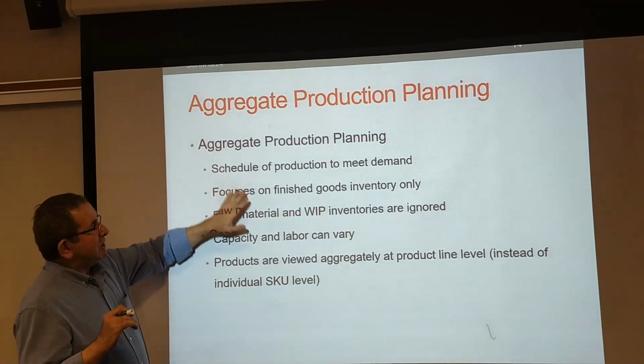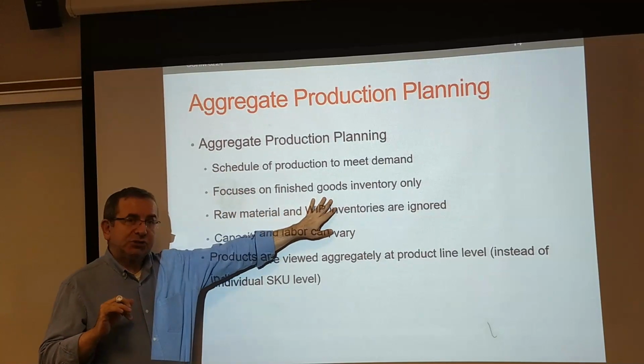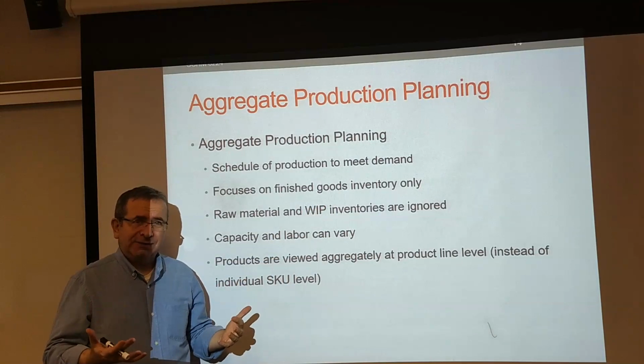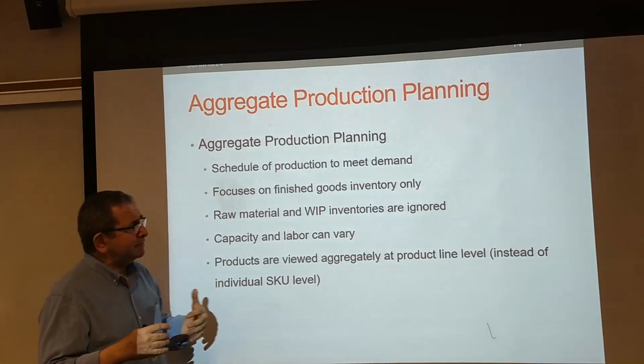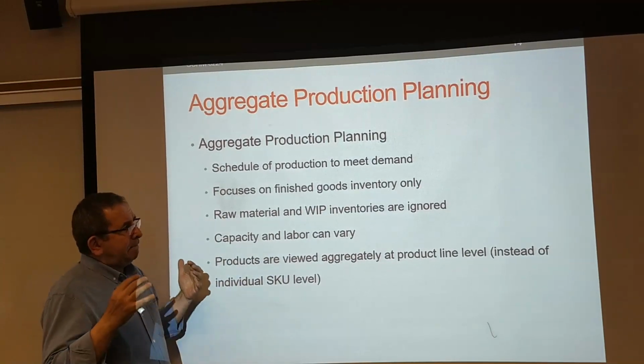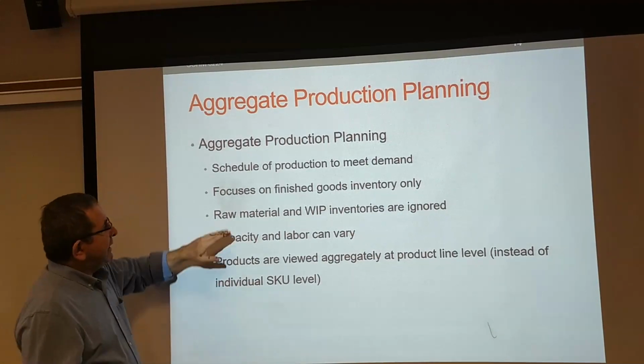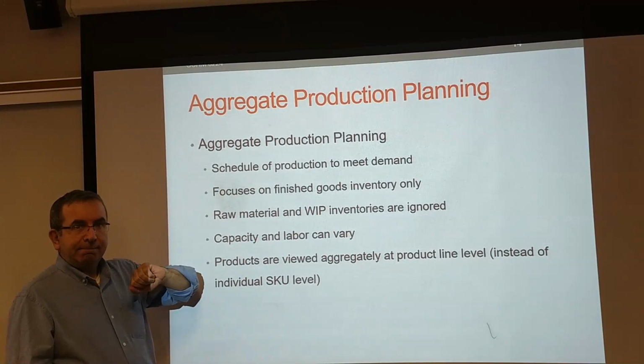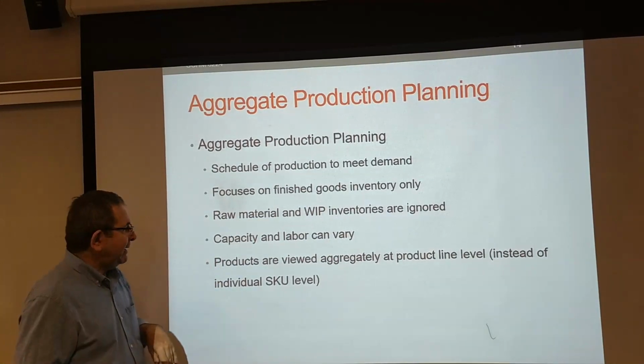At this point, we're only talking about finished goods inventories. We're not talking about work in process inventories. We're not talking about raw material inventories. These are all finished goods inventories, because we're at the high level.